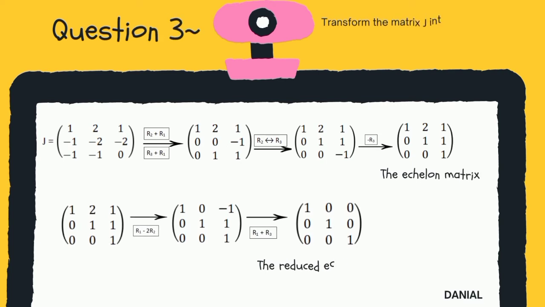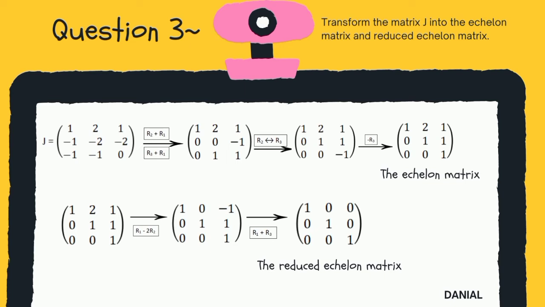Question 3 is, transform the matrix J, 1, 2, 1, negative 1, negative 2, negative 2, negative 1, negative 1, 0, into the echelon matrix and reduced echelon matrix. Solution for question 3. Row 2 plus row 1.